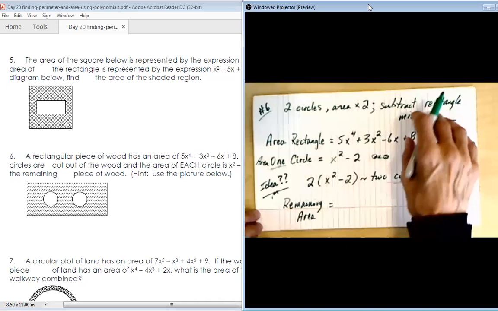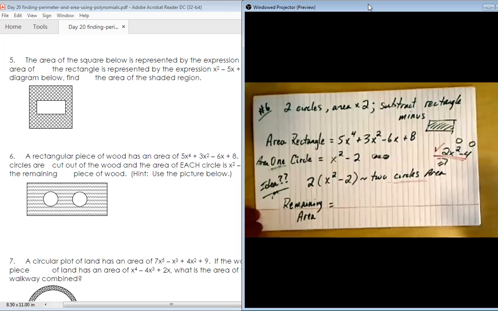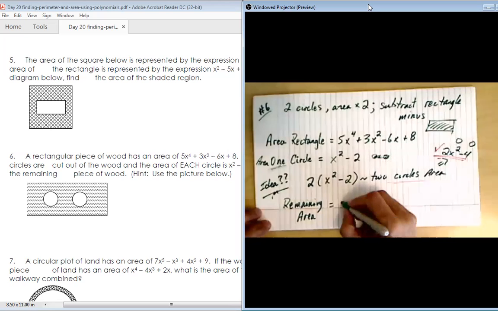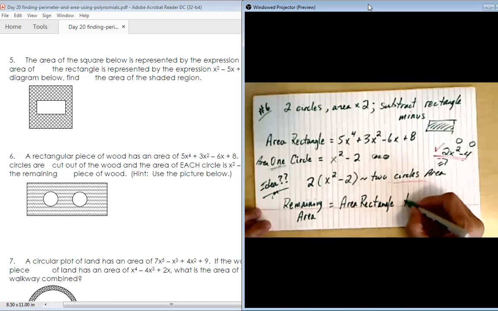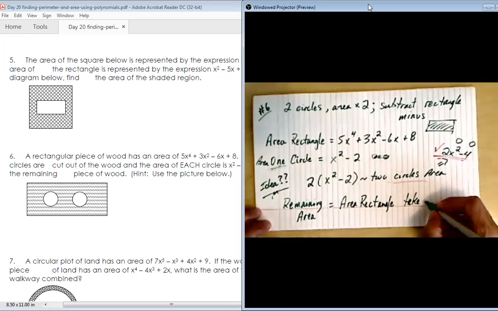And what you're doing is taking away this circle, taking away that circle, right? So using the words there: area of the rectangle, and I'll use take away, and we can update that to math in a bit. Take away the two circles.